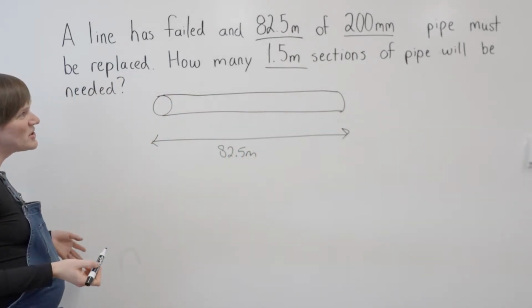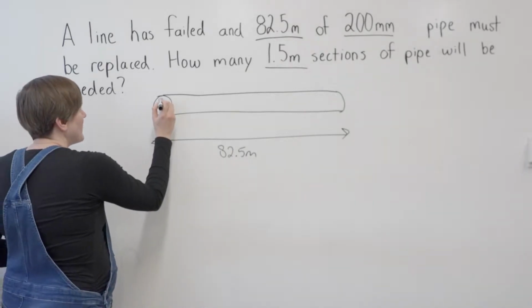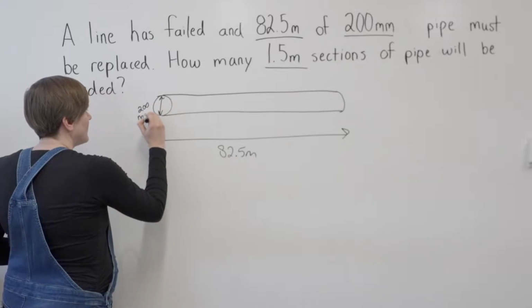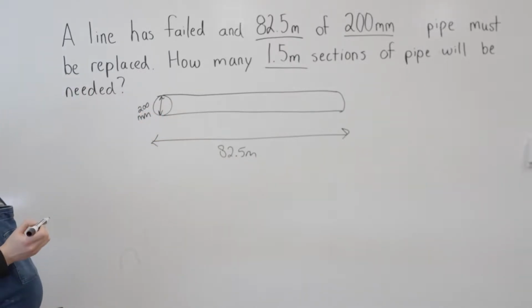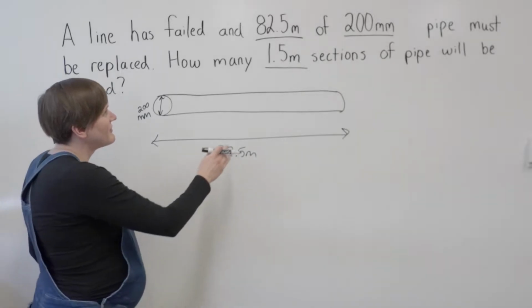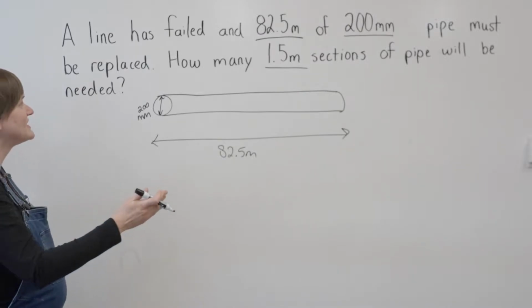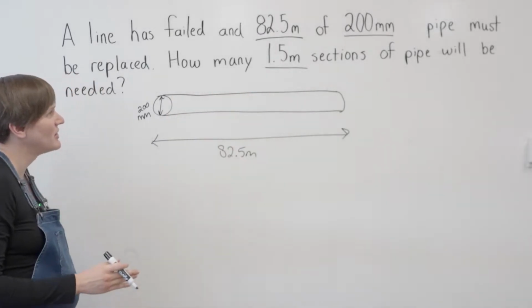Now they tell us that it's 200 millimeter pipe, so I can put that on here too. That's the diameter. And it's failed, and we have to replace it. And we're going to replace it with 1.5 meter sections of pipe. And the overall question is, how many of those sections of pipe do we need?